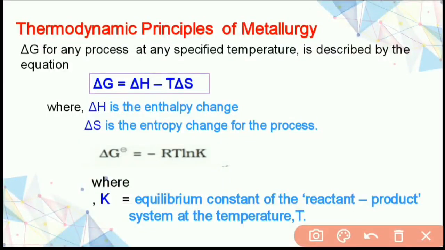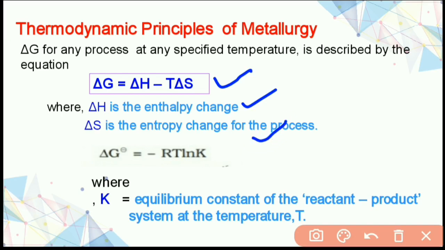Thermodynamic principles of metallurgy. Some basic concepts of thermodynamics help us in understanding the theory of metallurgical transformation. Gibbs free energy is the most significant term here. The change in Gibbs energy, ΔG, for any process at any specific temperature is described by this equation: ΔG = ΔH − TΔS, where ΔH is the enthalpy change and ΔS is the entropy change for the process.